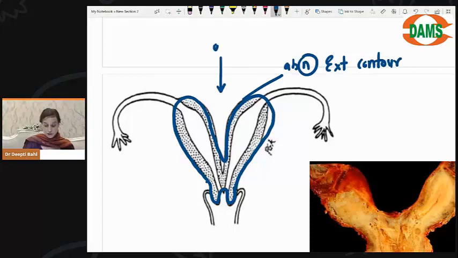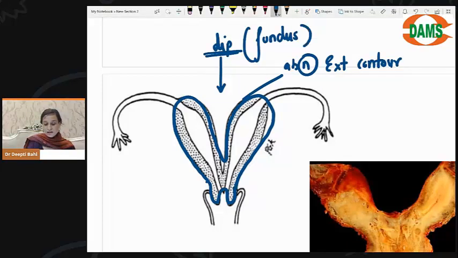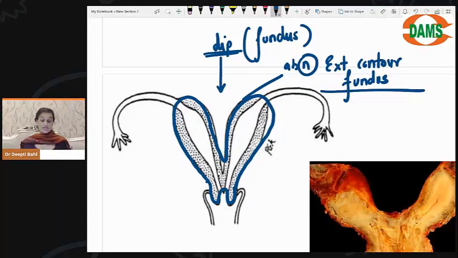You are seeing a dip in the external contour at the level of the fundus. So when we say external contour, it means we are looking at the fundus of the uterus.